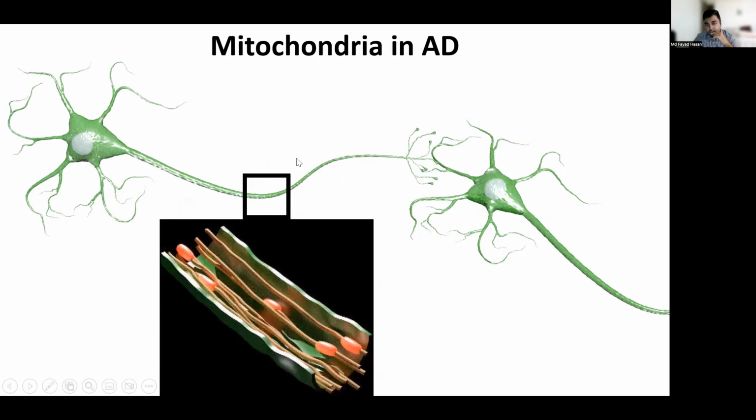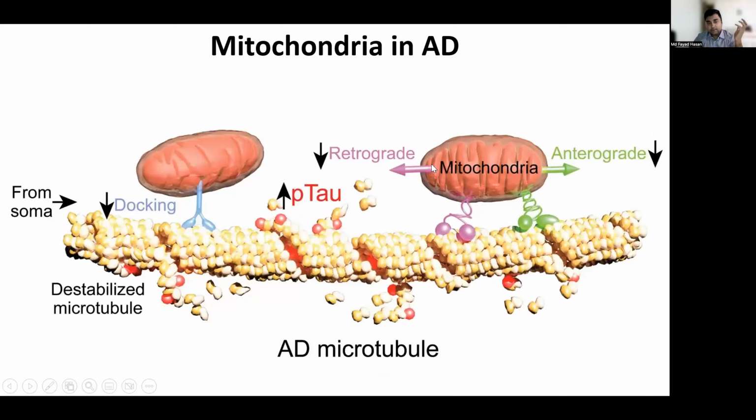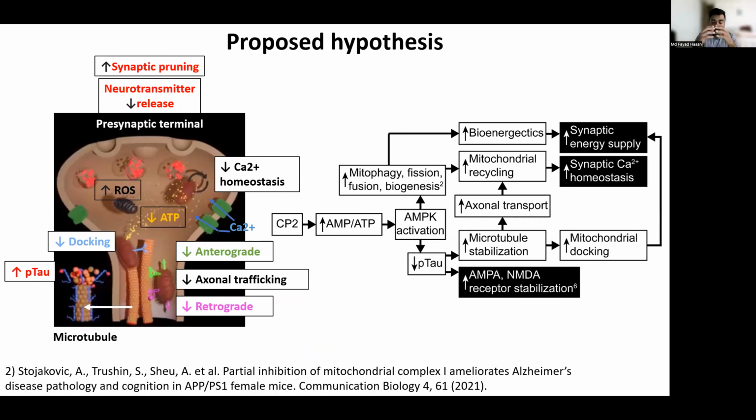So if mitochondria cannot go to these synapses, then these neurons cannot talk to each other properly, because their talking needs some energy or power. So you can kind of say that these neurons become too lethargic, or they are so hungry that they cannot talk to each other.